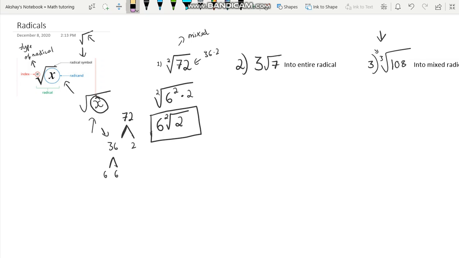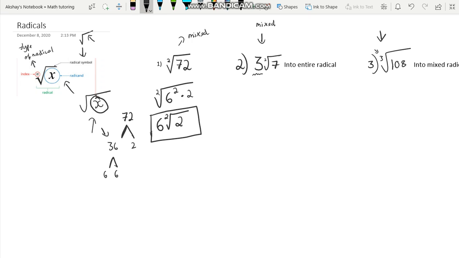Alright, so moving to our next question, they're asking us to convert 3 root 7 into an entire radical. When we're converting our mixed radical into our entire radical and we have an index of 2, we have to square the number outside our radical symbol.